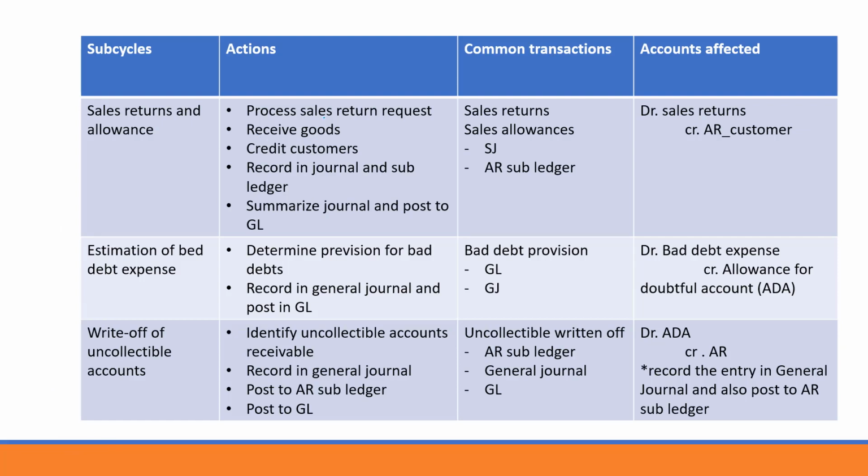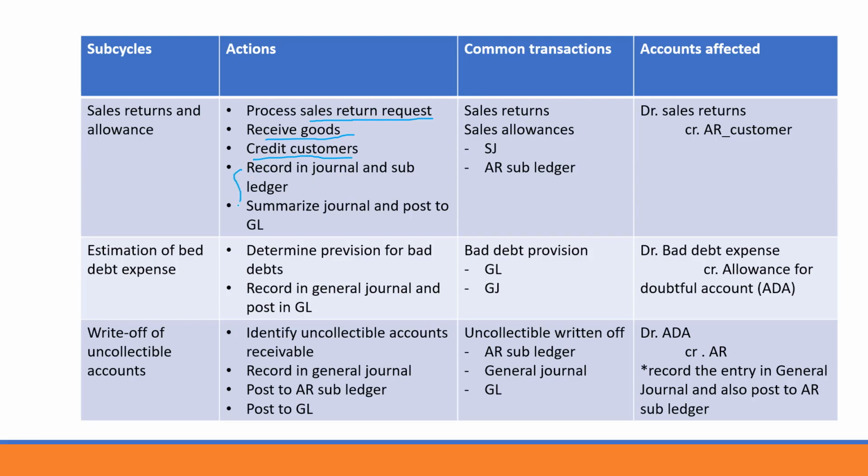When they process it, they approve this return request, and then wait for receiving the goods. After receiving the goods, they credit the customer. Also, they record this transaction in journals and subledgers.